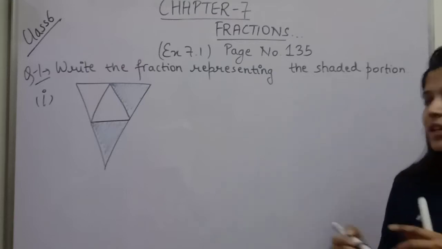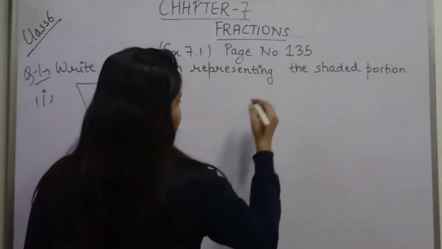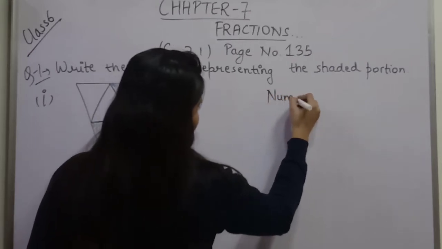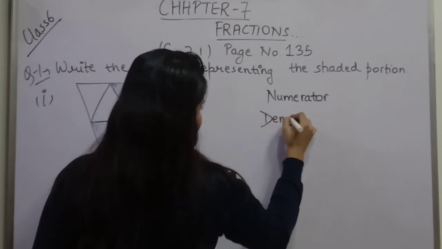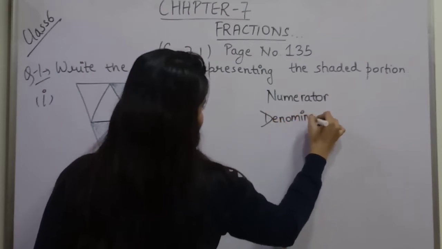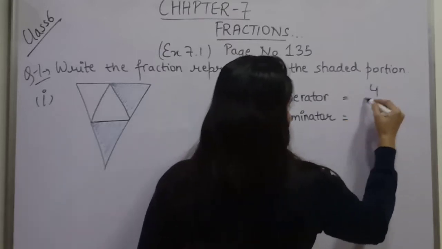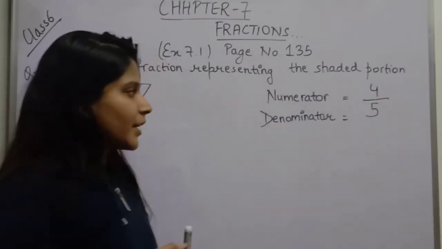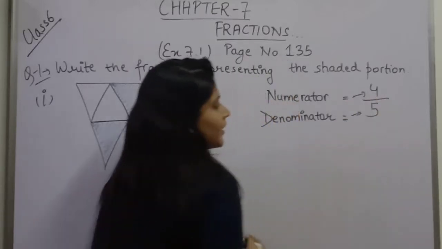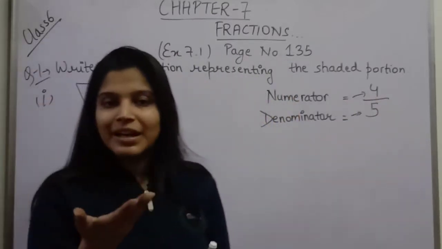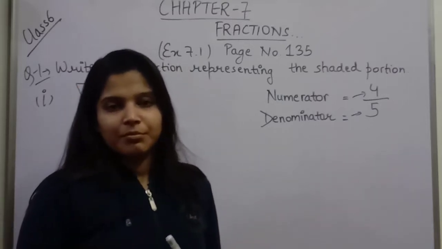Numerator and denominator, there are two types in a fraction. एक होता है numerator and एक होता है denominator. ठीक है? So if I write 4/5, ठीक है? So 4 is the numerator and 5 is the denominator. Numerator जो ऊपर लिखा जाता है fraction में and denominator जो नीचे लिखा जाता है fraction में, right?